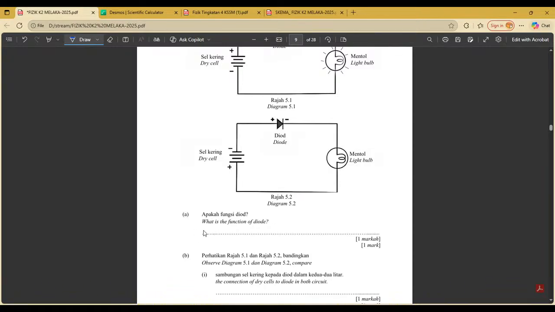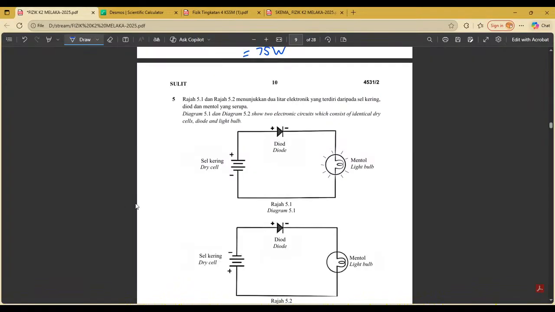Diode allows current to flow in only one direction. The positive has to be attached to the positives, the negatives has to be attached to the negatives, so the current could flow. Otherwise, the current would not flow.